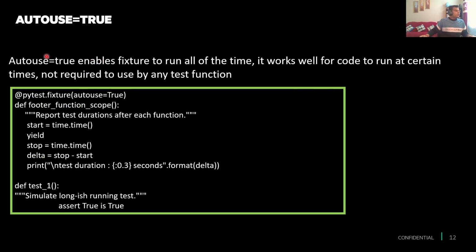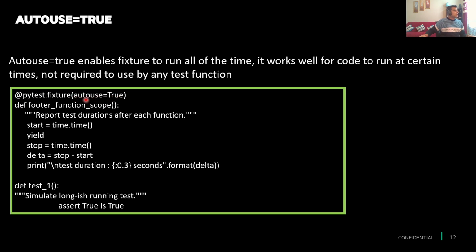Now let's talk about autouse. Many times while running test cases, we want lots of things to happen behind the scenes, like how much time this particular test case took, or how much time the entire test module took. We want to do this kind of calculation, and we don't want any such logic inside our test cases. So create the fixture the way you normally do, and only mention autouse=True.